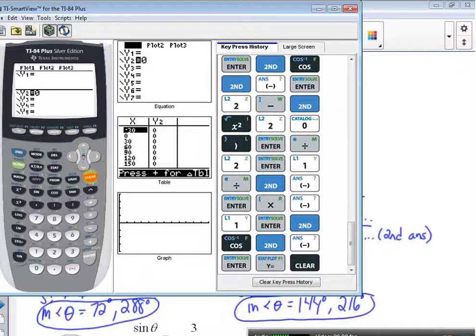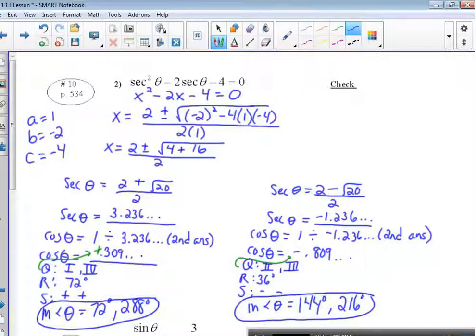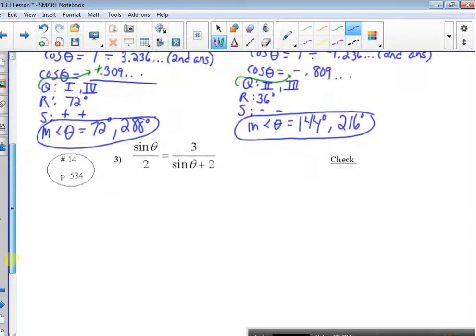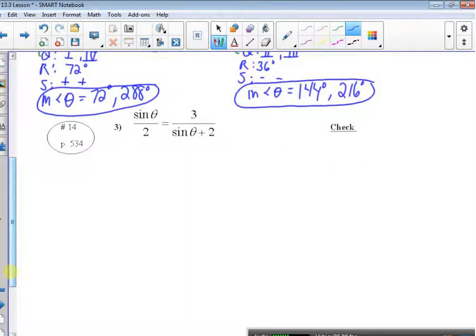Because we're doing secant squared minus 2 times secant theta minus 4. So I think what I'm going to try to do, I have to think about that. We'll have to get back to the check on that. Let's go to the last one while I am thinking about that.